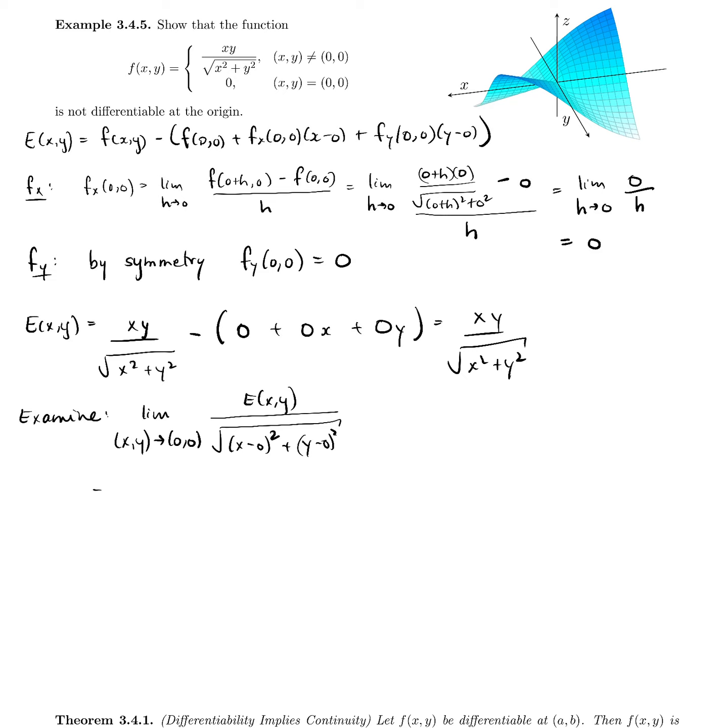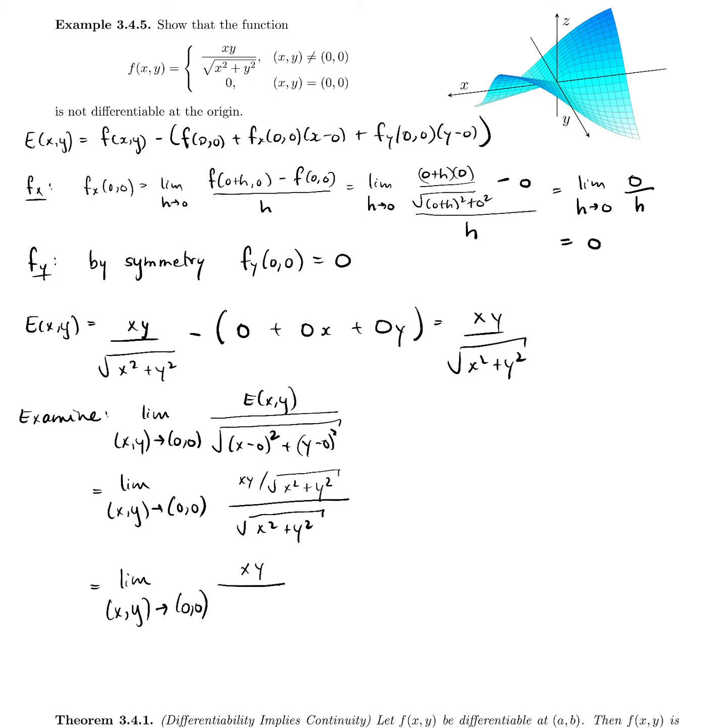Well, this becomes the limit as xy goes to 0, 0. e of xy is this function up here, so xy divided by the square root of x squared plus y squared over, and if I simplify the denominator, I don't need to write the minus zeros, that also becomes the square root of x squared plus y squared, which is the limit as xy goes to 0, 0 of xy over those two square roots, which end up by multiplying each other, and I'll get x squared plus y squared.